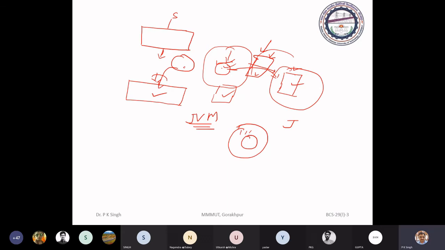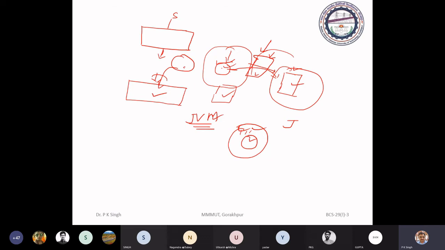Means the Java compiler expresses the syntactic structure through the sequence of byte code, and the byte code gets accepted by this virtual machine to implement the byte code onto the machine. Means this virtual machine will just do the translation of byte code into native code, means machine code.